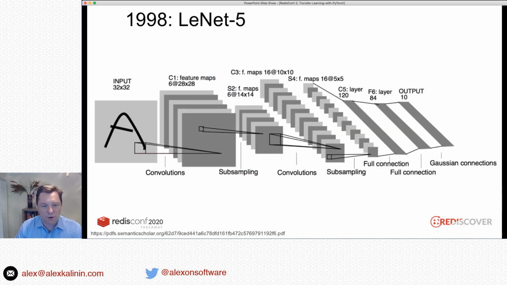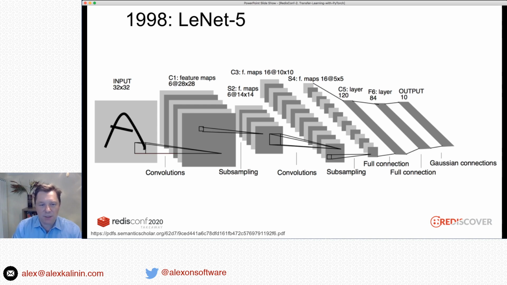So the history of neural networks really starts around the late 1990s, when the first fairly performant neural network was built, designed by Jan LeCun and his team, and was used initially by the United States Postal Service to recognize handwritten digits and letters. So this is a fairly simple neural network by today's standards, but it did a lot of work at that time, and this is the neural network that we will build from scratch.